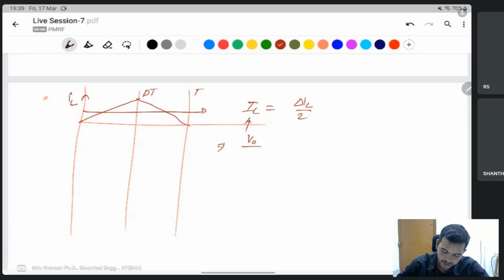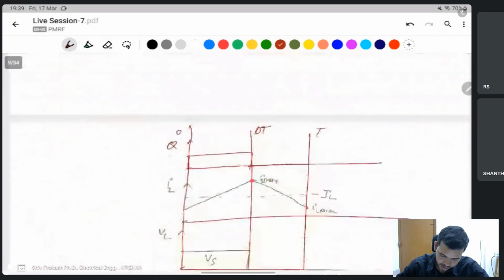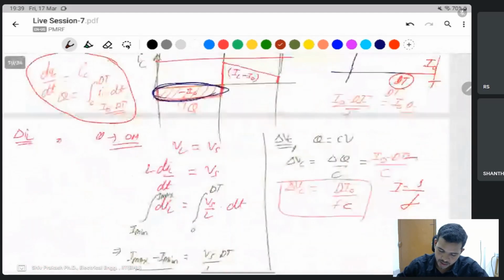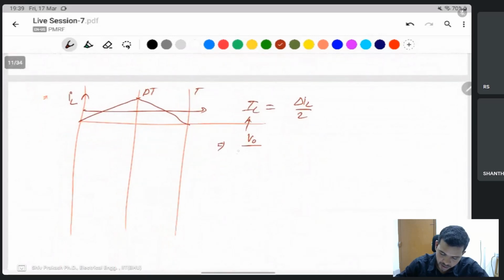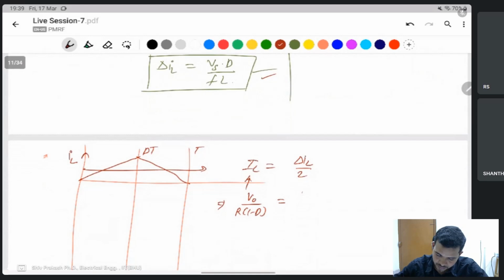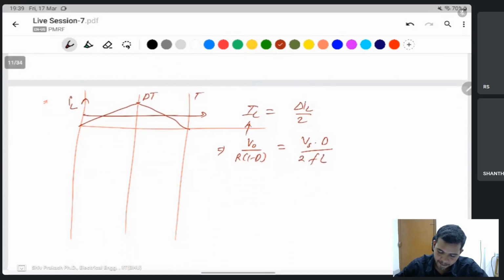I find IL like this: V naught by R into 1 minus D. Put the value here: V naught by R into 1 minus D. Delta IL I already found: Vs into D divided by 2 FL. V naught is written as Vs divided by 1 minus D. It means this is the square of 1 minus D, and Vs into D divided by 2 FL.